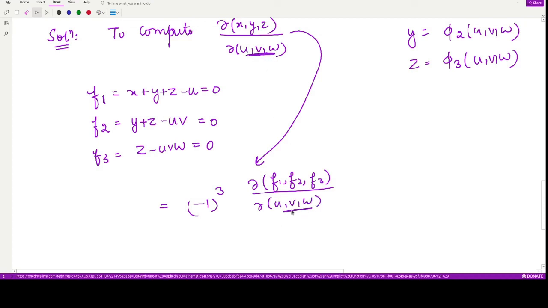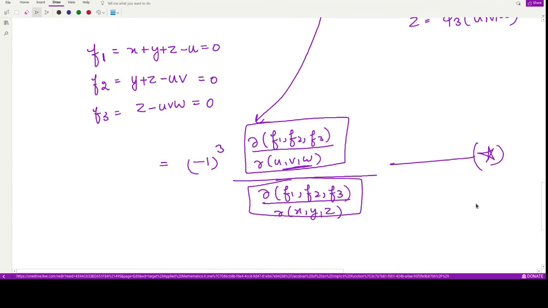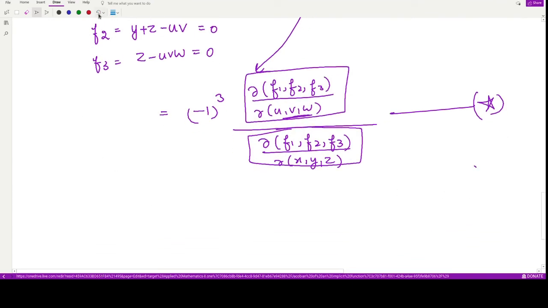So we'll write it in the numerator part, and we'll then take the Jacobian of f1, f2, f3 with respect to x, y, z. That means we first have to compute this portion and then this portion, and then we'll substitute this in our equation number star. Okay, so let us do that.